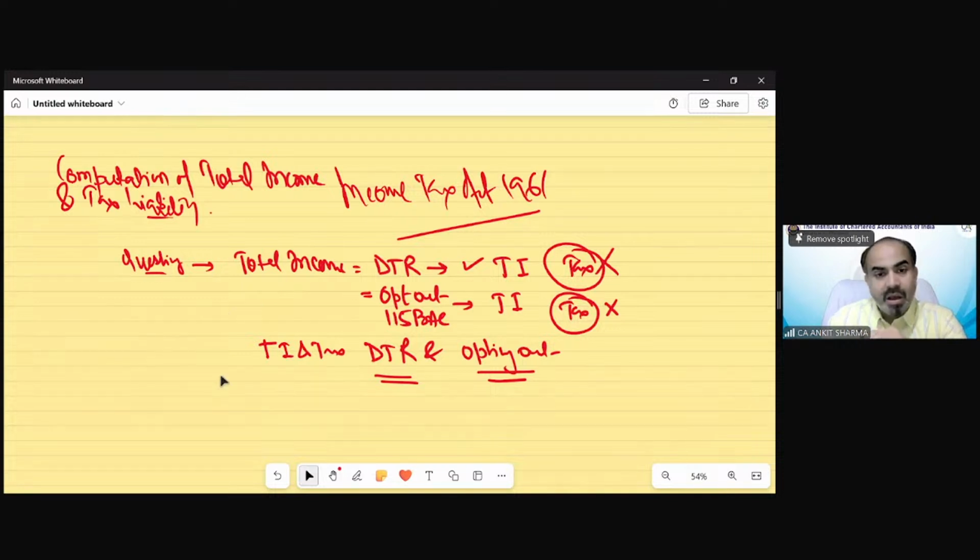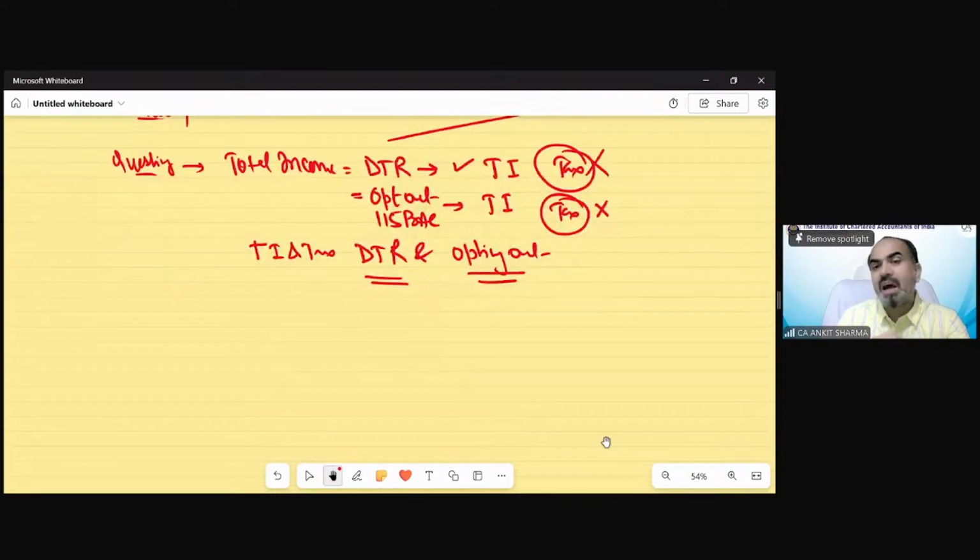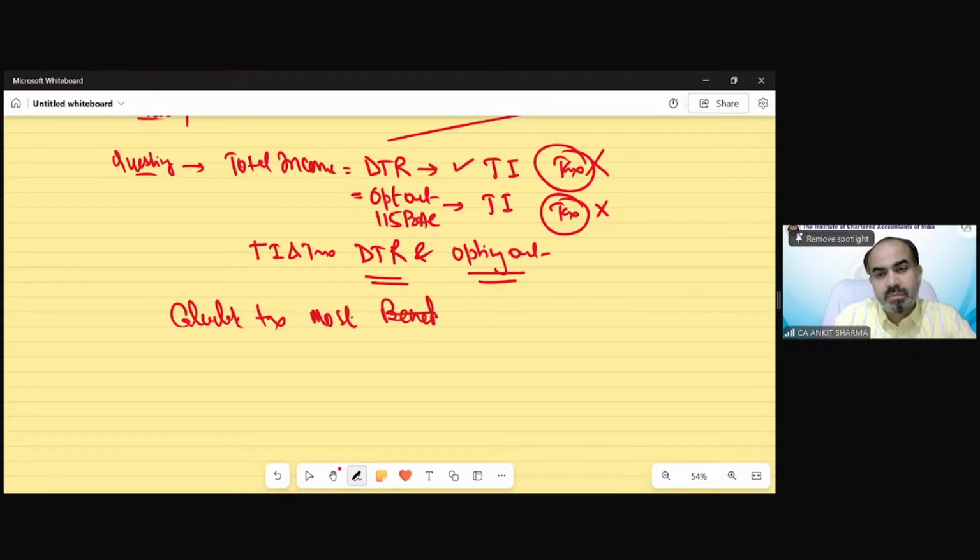Now the kind of question I believe is going to be asked in the examination would be: calculate tax which is most beneficial for the purpose of the assessee.